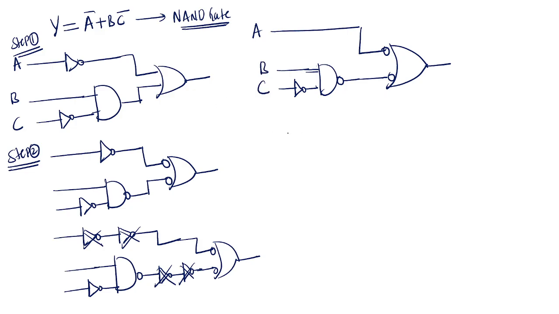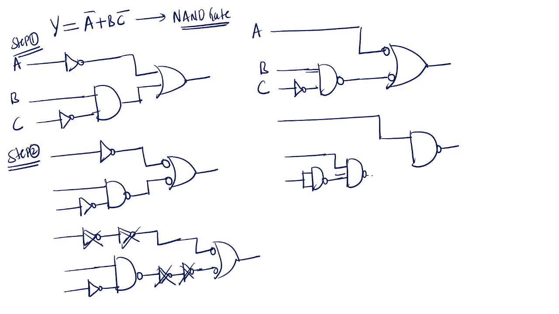Again replace all the gates with the respective NAND gates. Bubbled OR equals NAND gate, and here this is one more NAND gate, and this one is one more NAND gate, and this is given to NAND. So A, B, C. Like this you need to implement.